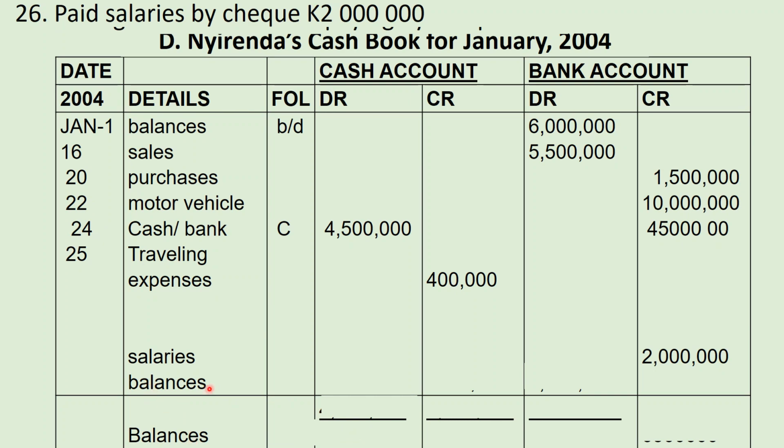There should be a line here where we're going to record some things, and also a line here, then again balances. By the way, you have to write C/D to show that what you're going to record here is the balance carried down. The balance carried down is what is going to be the balance in the next period.